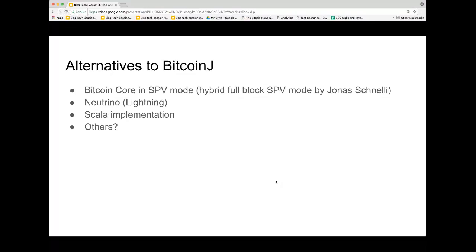That's the same as what an SPV wallet is doing. And then when you have the block headers, you can figure out if you have a transaction which is part of the Merkle tree. And then you download all the transactions or all the blocks which you're interested in. And only after you have downloaded everything you need, you would go on with downloading the full blockchain in the background.